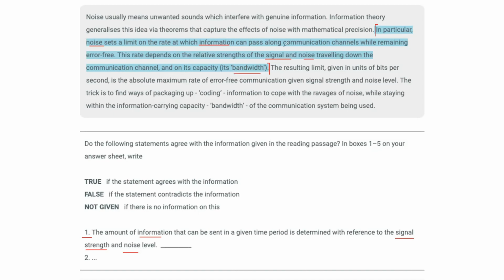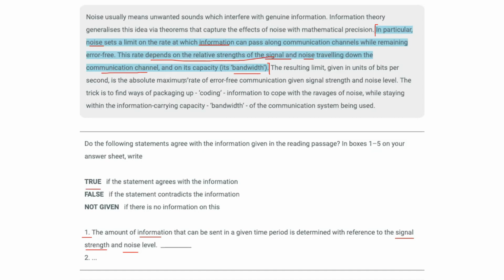So here, the highlighted sentences in this passage prove that this question statement is true, because they prove that the amount of information that can be sent in a given time period depends on the relative strengths of the signal and noise traveling down the communication channel.